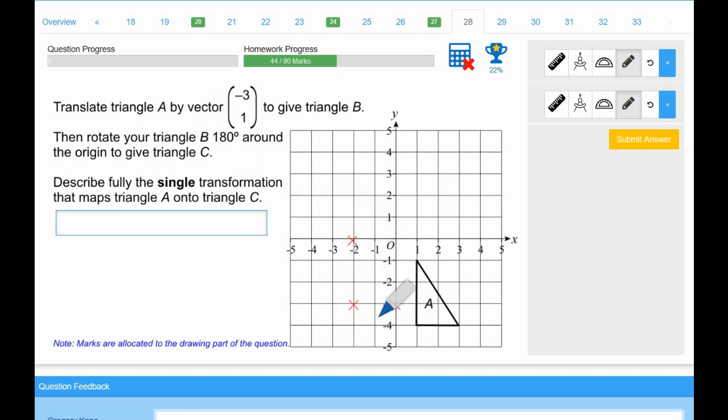So here is my thing. I'm going to rotate that around the origin. I can use my tracing paper. I can see it's going to go there. If I rotate that, I can see that this one's going to go there when I rotate that one, and that this one is going to go up here when I rotate that.